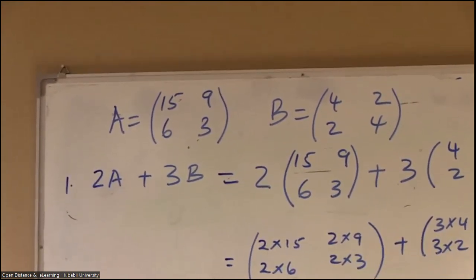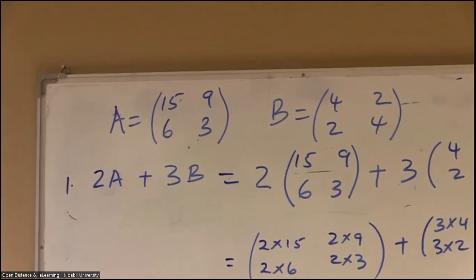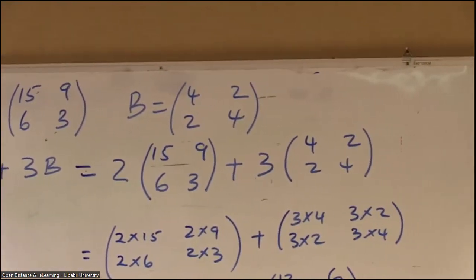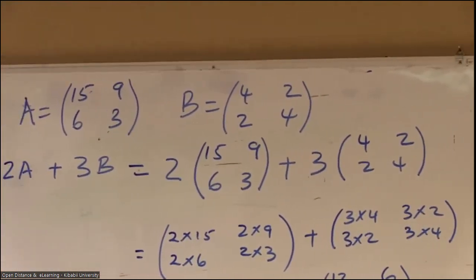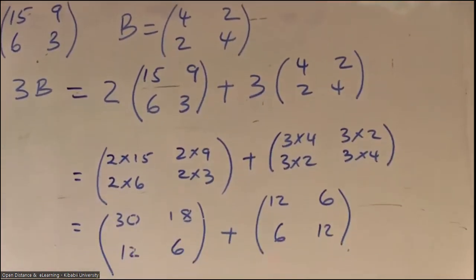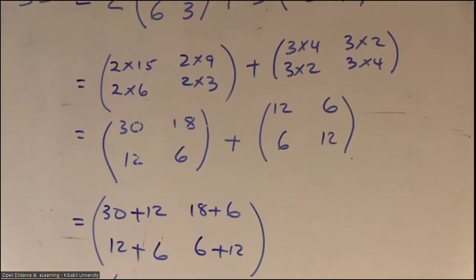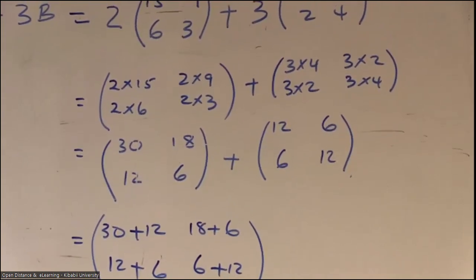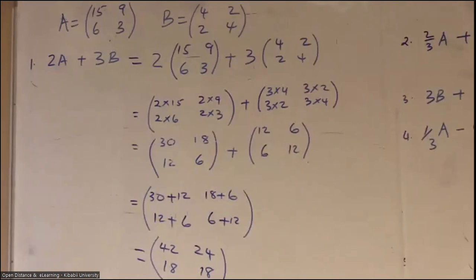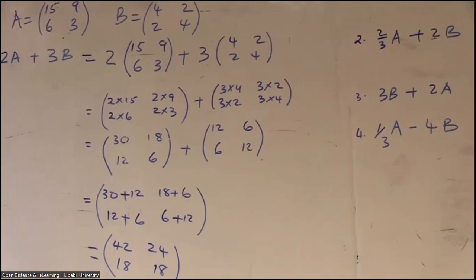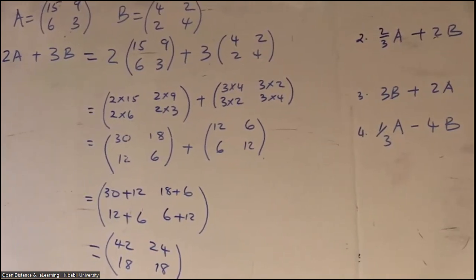Matrix B is 4, 2, 2, 4. Let's give time to our colleagues to also work out and complete.